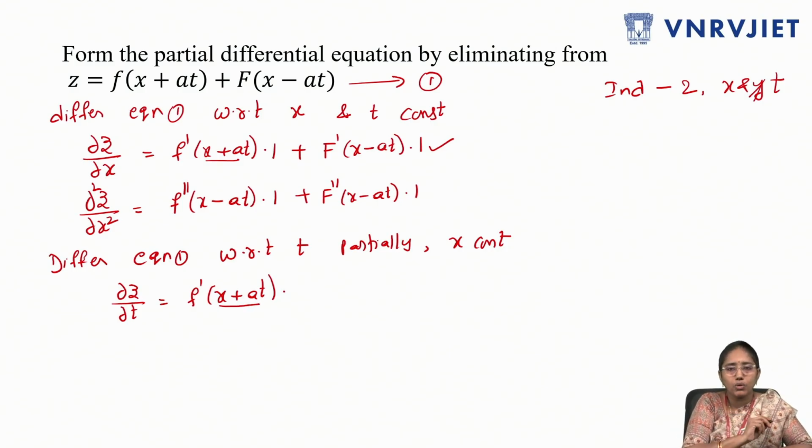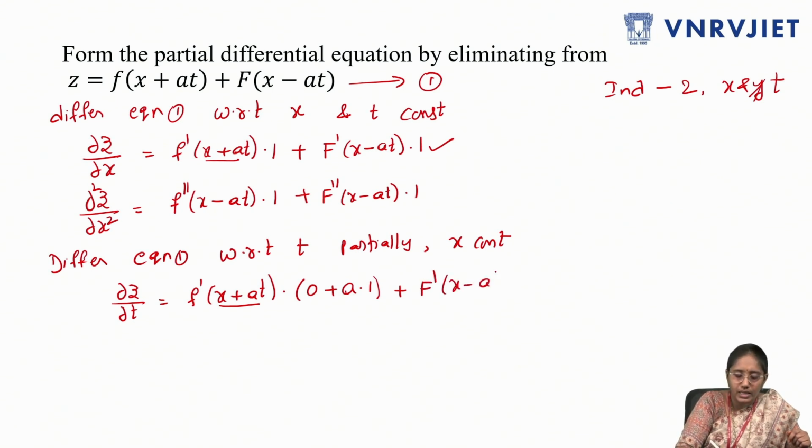It means that x is a constant, so derivative of constant is 0, a into derivative of t is 1, plus derivative of another function is again F'(x − at) into derivative of the inner function with respect to t. That is x is a constant, 0 minus a into 1. Derivative of t is 1.